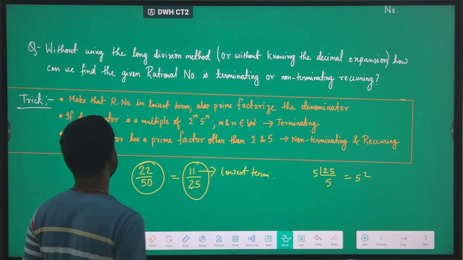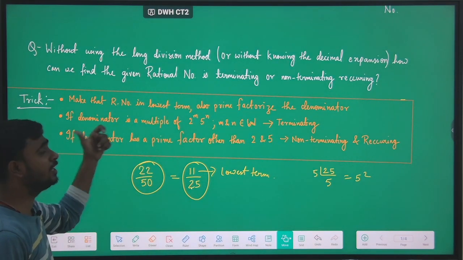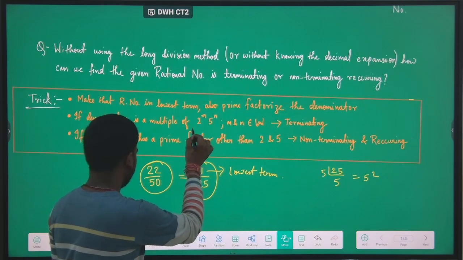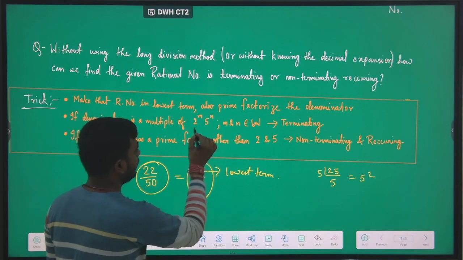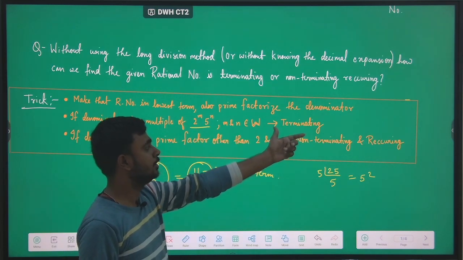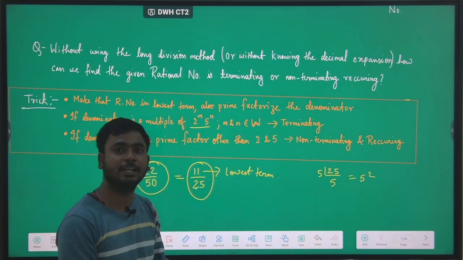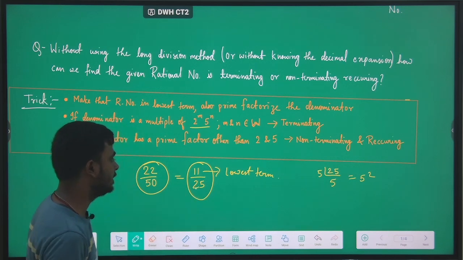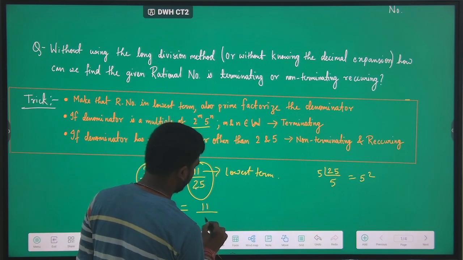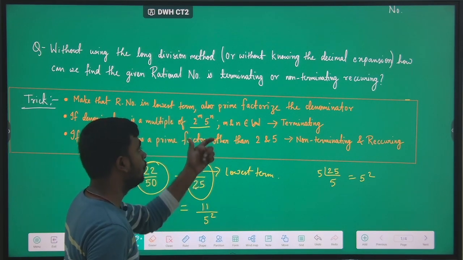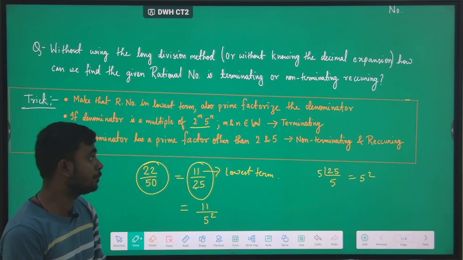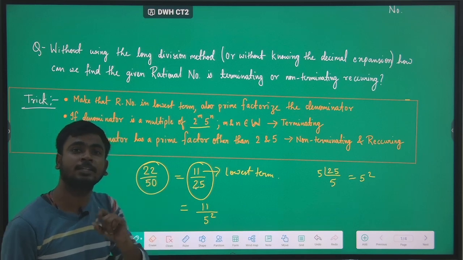The second step is, if the denominator is in the form of 2 to the power m into 5 to the power n, then we can say that the rational number is terminating. For example, here we get 11 upon 5 to the power 2. Also, for m and n, the condition is that m and n should belong to the set of whole numbers, which means m and n can also be 0.